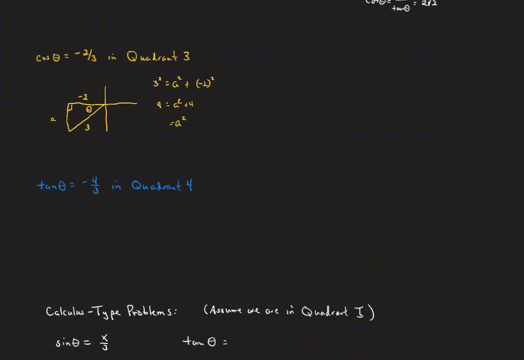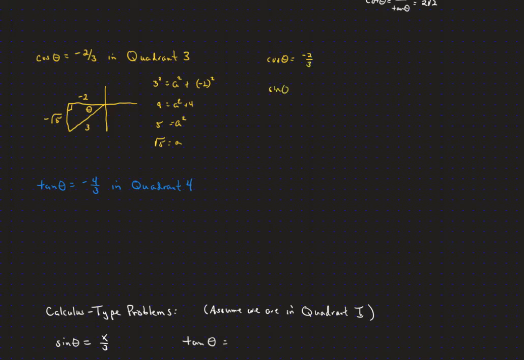So a squared is 5. So a is going to be the square root of 5. Because we're in quadrant 3, that's going to have to be a negative square root of 5. See how that works? Okay, so now I'm going to rewrite over here. The cosine of theta is -2/3.